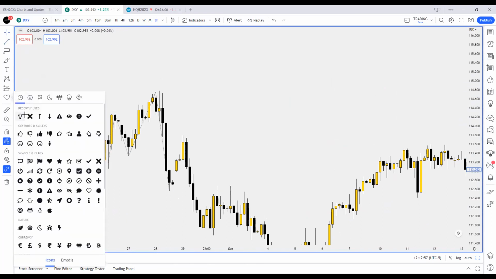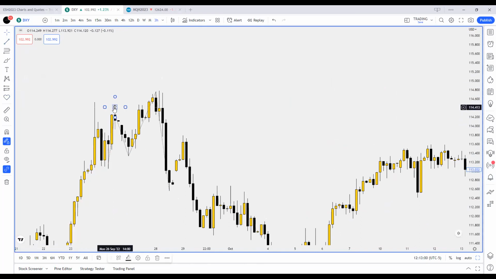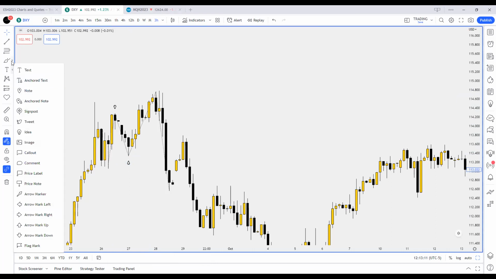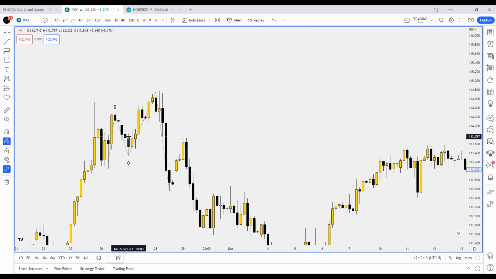These are your two highs that you're looking at to get purged. From here, you're utilizing this down close candle.